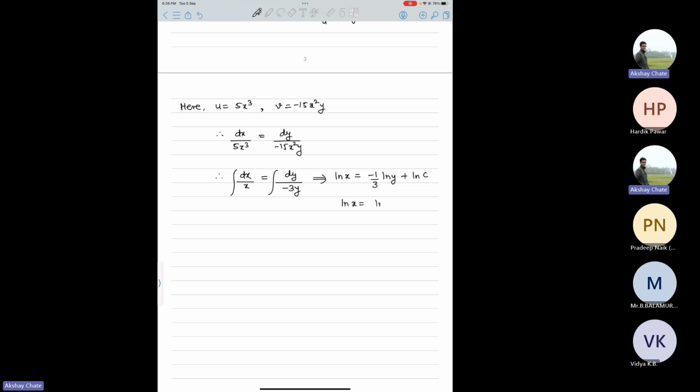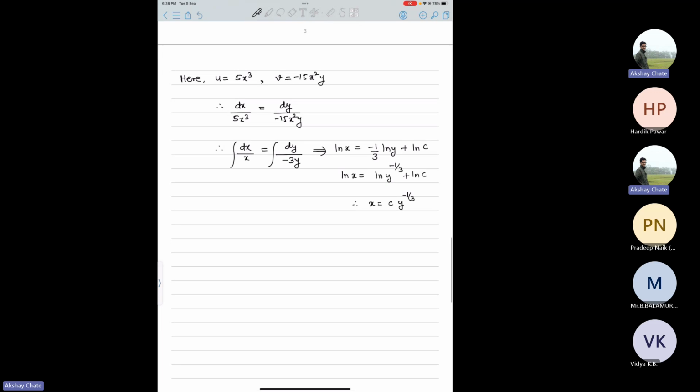So I can take it as ln y power minus 1 by 3 plus ln c. And therefore, this becomes x equal to c into y power minus 1 by 3.